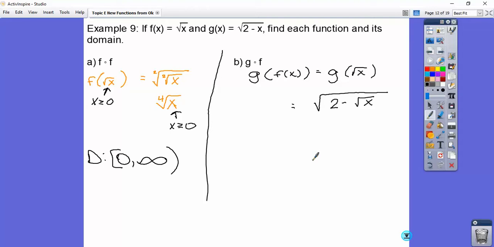For my domain, we look 2 places. Right here, the first thing you plugged in. So because it was under a square root, we know the thing underneath, which was x, is greater than or equal to 0. And we have to look right here. The thing under my radical is greater than or equal to 0.